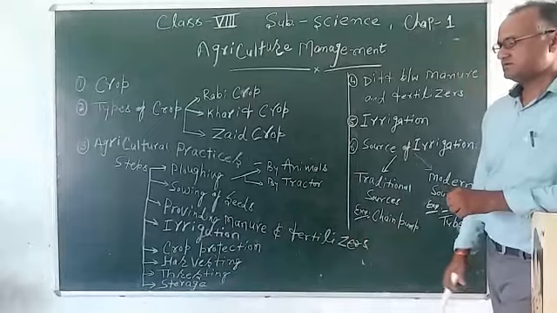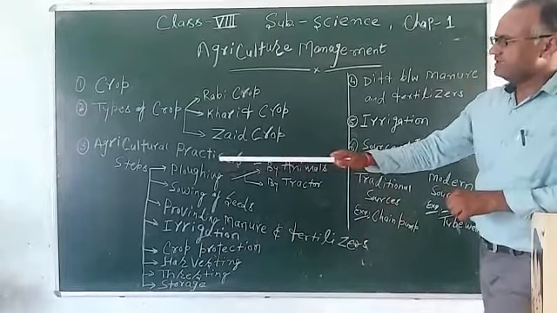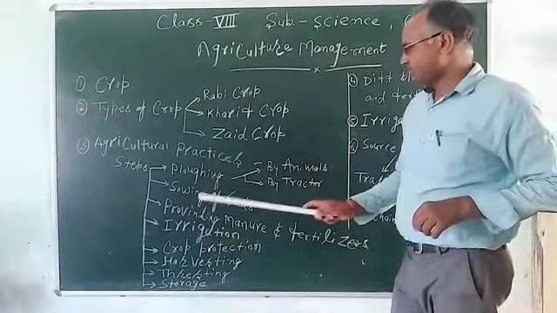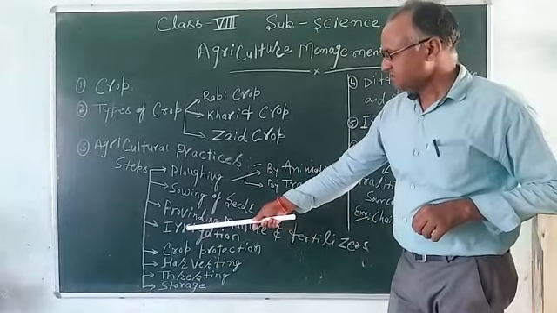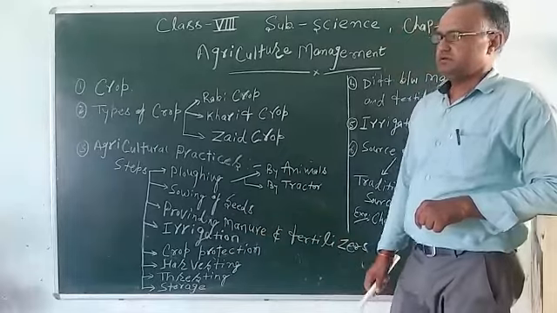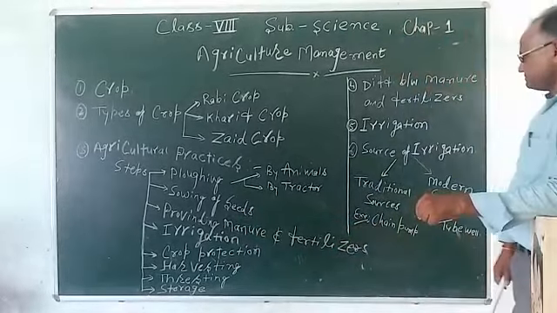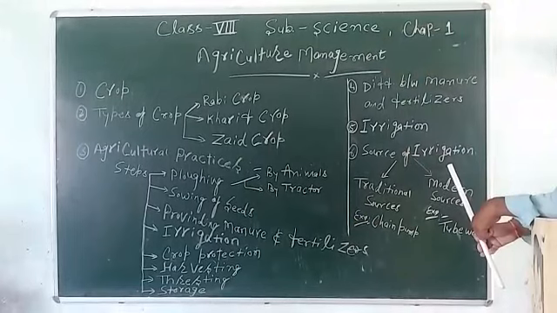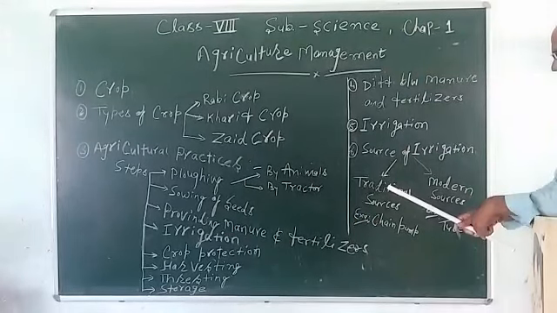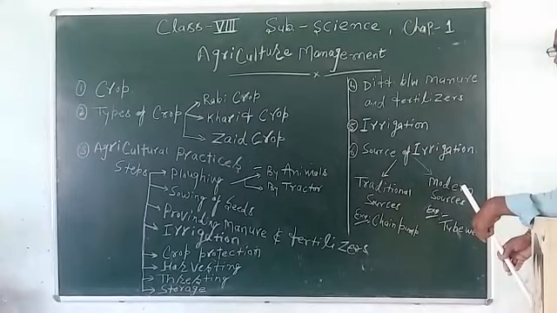Then irrigation. After ploughing, sowing of the seed, and providing manure and fertilizers, we need irrigation. For irrigation, we use two methods. One is traditional and the second is modern.